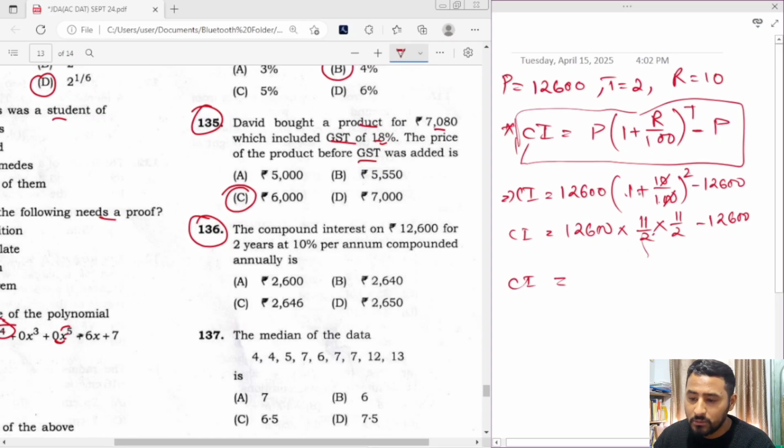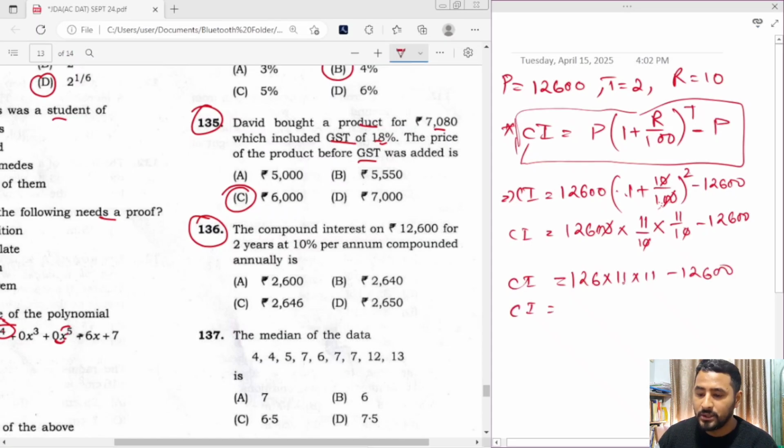I wrote 2 because we need to multiply it 2 times. So this will be 11 by 10. Don't be confused. I'll do it directly, because all the video has been 1 hour. So let's cancel the zeros. You'll get 126 into 11 into 11 minus 12600.